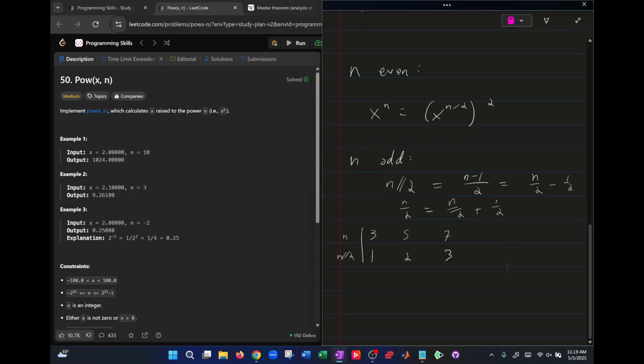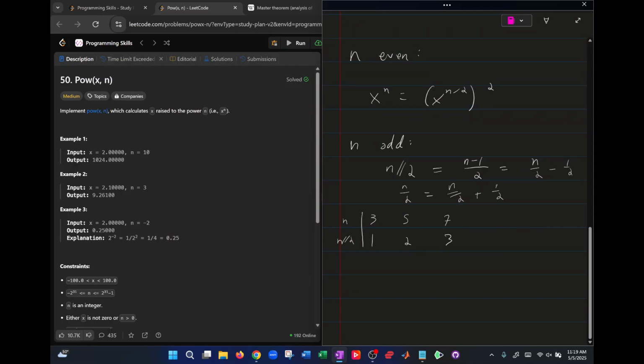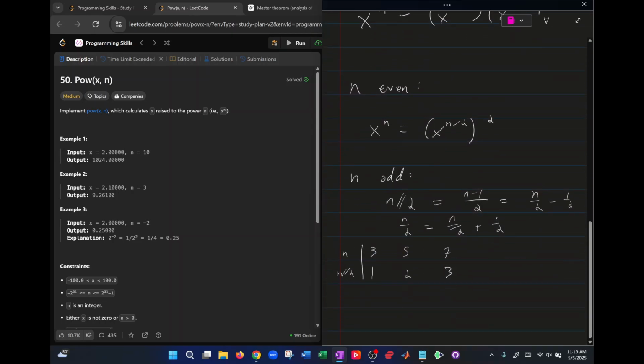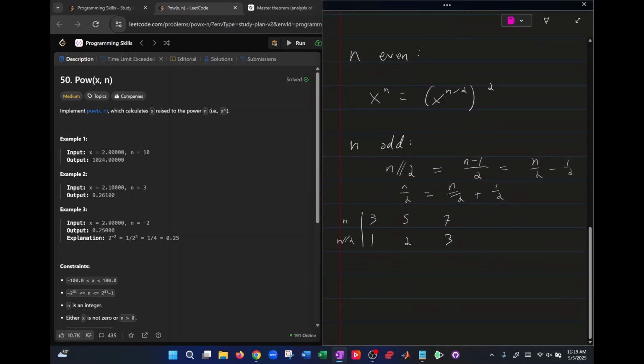But in any case, what we're going to want to do is rewrite this using double slashes, because that will make our lives easier. So here, this is the same as x to the n // 2, squared. That's because when n is even, n divided by 2 is equal to n // 2. The only difference is that Python returns an integer rather than a float, which is actually what we want.